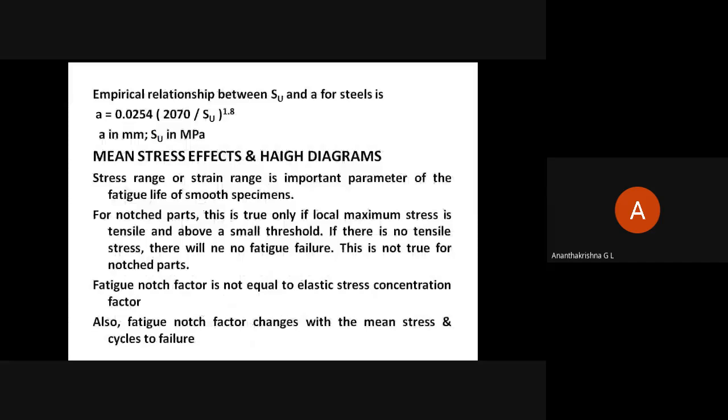Then comes the mean stress effects and Haigh diagrams. Again, we have learned about mean stress effects in our previous discussions. Essentially the fatigue notch factor changes with mean stress effects and cycles to failure.